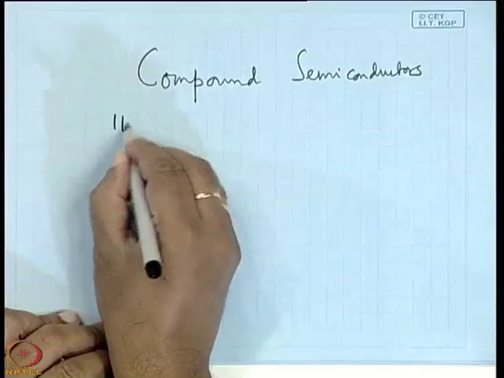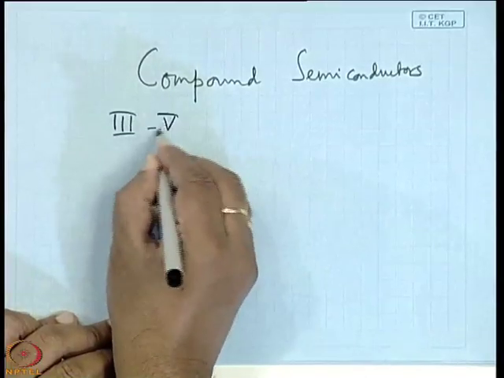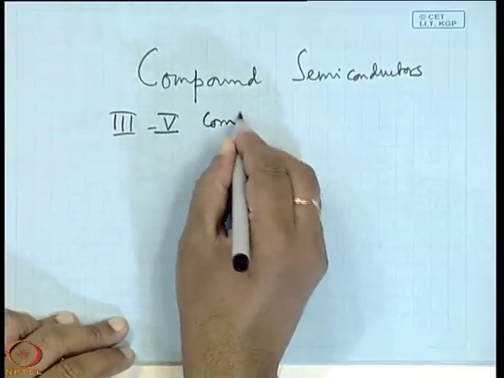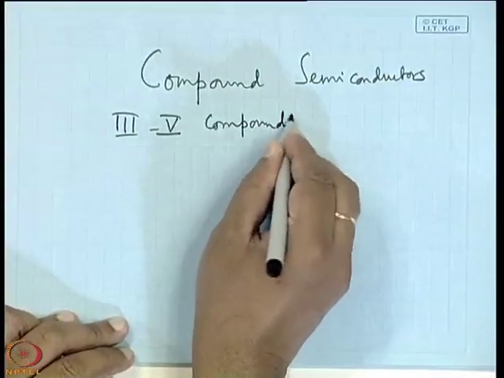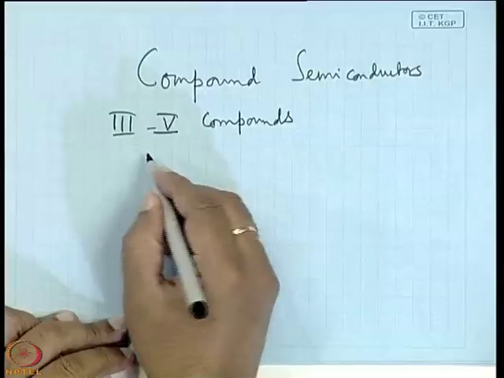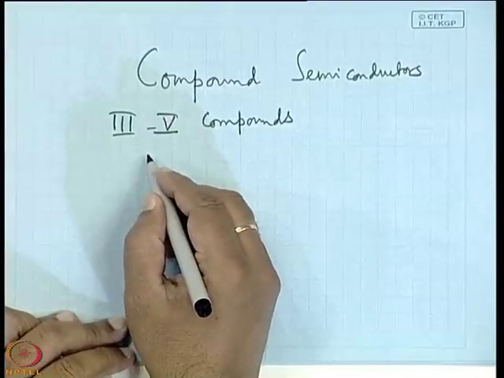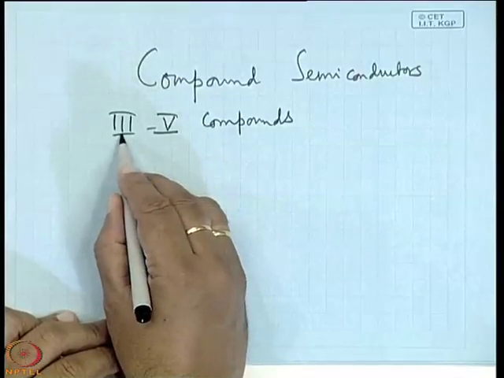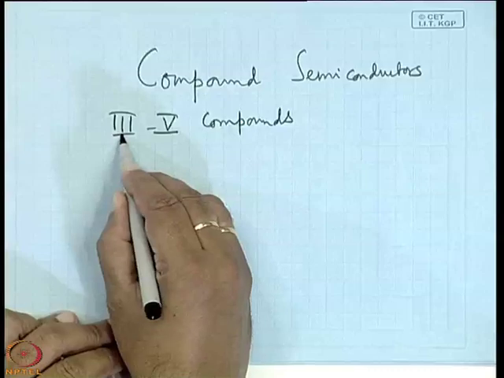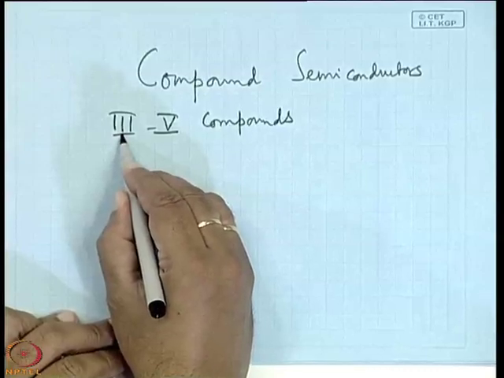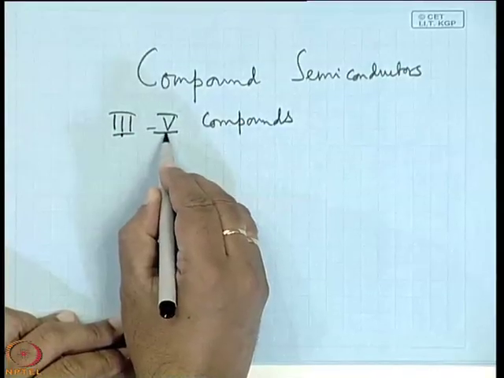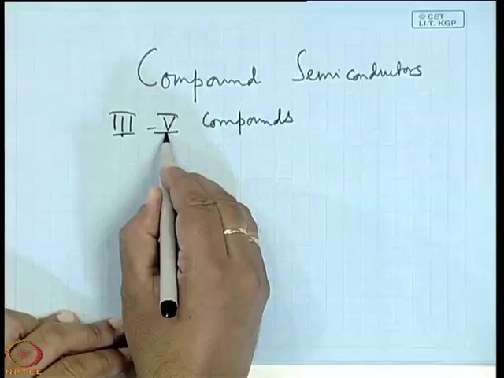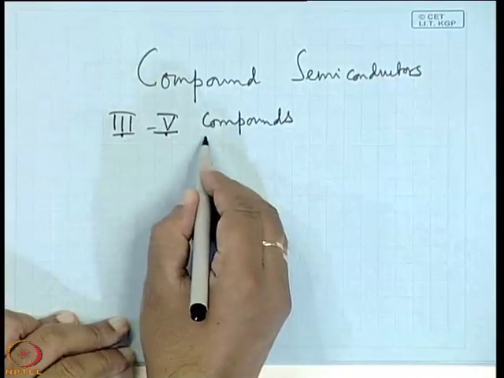Say, if I talk about 3,5 compounds, that means one element from group 3 of the periodic table and another element from group 5 of the periodic table can be used for the formation of a 3,5 compound.